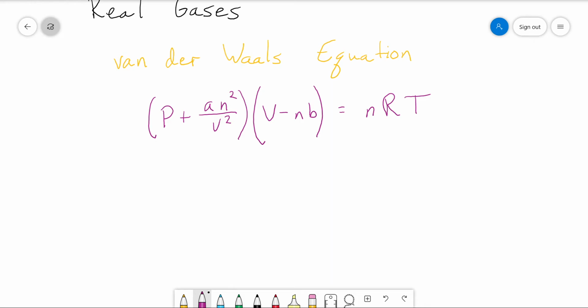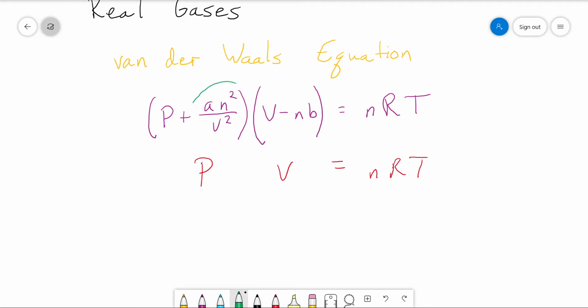So hopefully you can look at this and realize that it's basically just the ideal gas law, PV equals nRT.